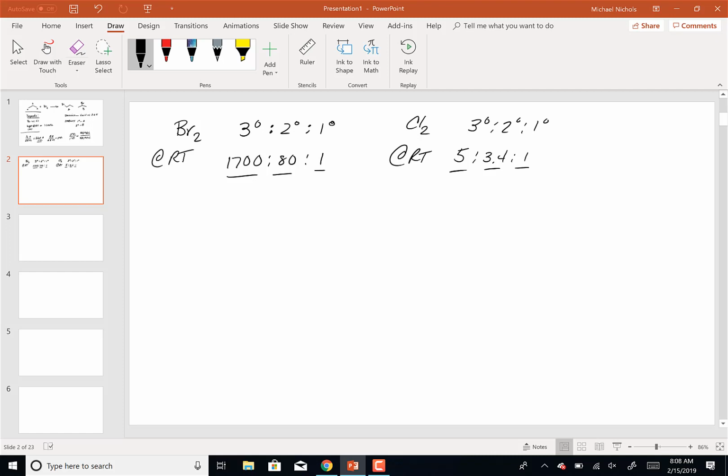Because I can rearrange the formula that I wrote on the previous slide, and say the percentage of product A is equal to the number of A hydrogens times my selectivity that I now know, and the percentage of product B is equal to the number of B hydrogens times the selectivity.